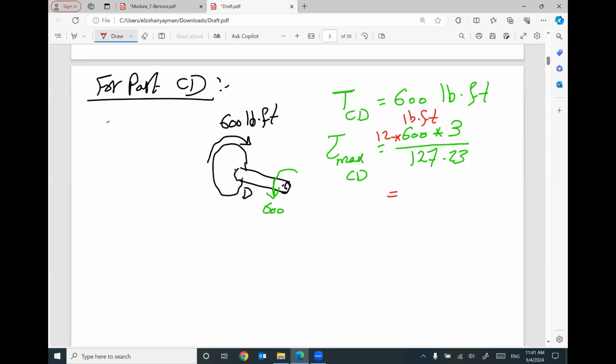So the final shear stress in part CD will equal 169.77 PSI, or pound per inch square. I don't care about the direction of this torque. It's not a big deal, but we are looking for the maximum shear stress in the cross section.